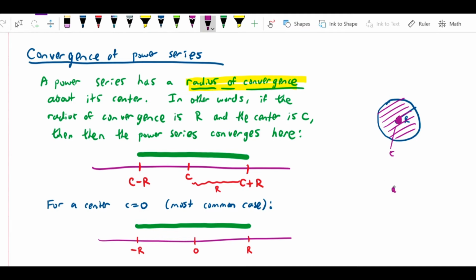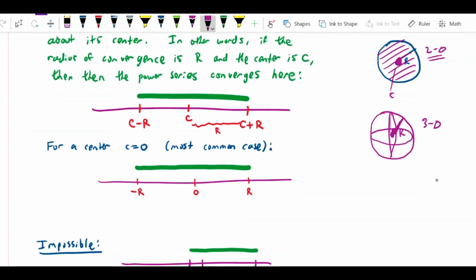Now, think about what this looks like. So this is 2D. Now think about what this looks like in 3 dimensions. If in 3 dimensions I draw sort of a globe like this, the interior of a sphere of radius r is all the points in 3 dimensions that are less than distance r from the center of the sphere. So this is the 3D case.